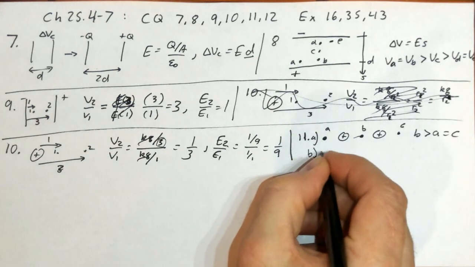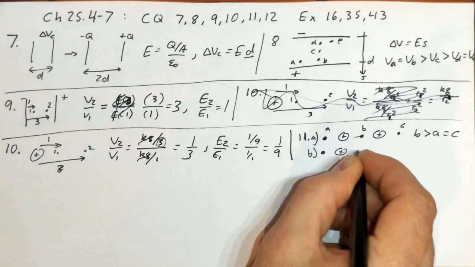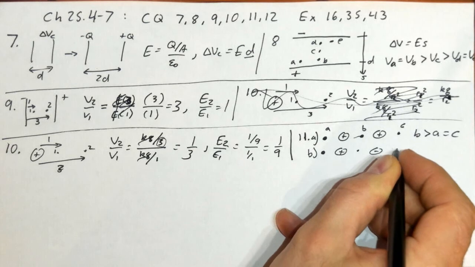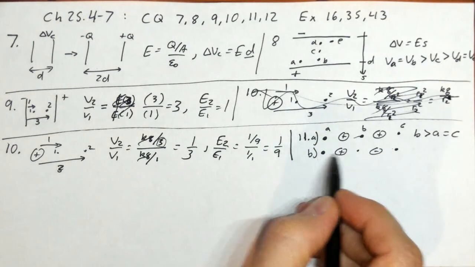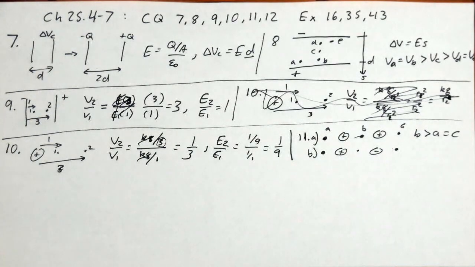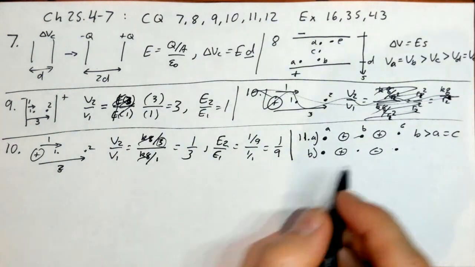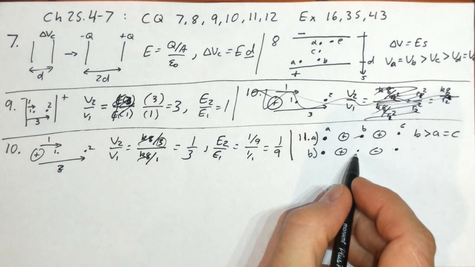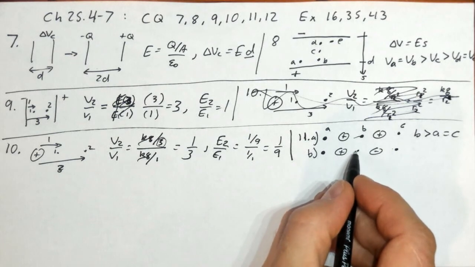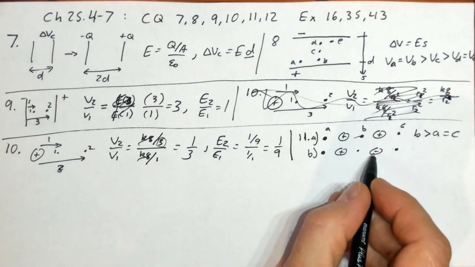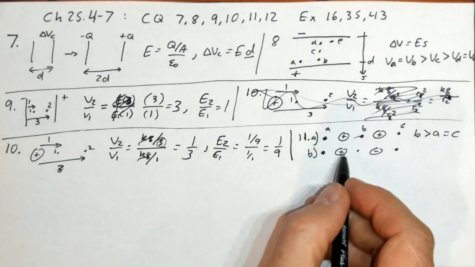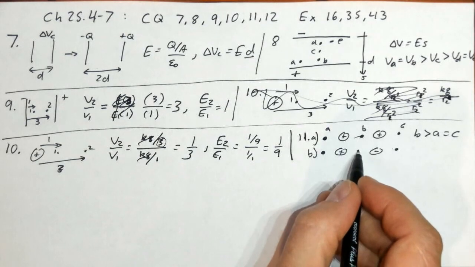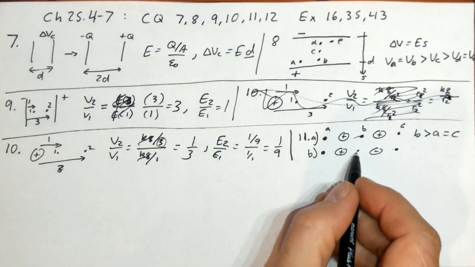Okay, what about part B? We have the same configuration, only a negative charge. This is still A, B, and C. Okay, so what can you say there? Now the middle is 0 because it's the same distance from a positive charge as it is from a negative charge, and since we just add them up, they're going to give opposite values. This will give a positive potential, this will give a negative potential, so it's 0 there.